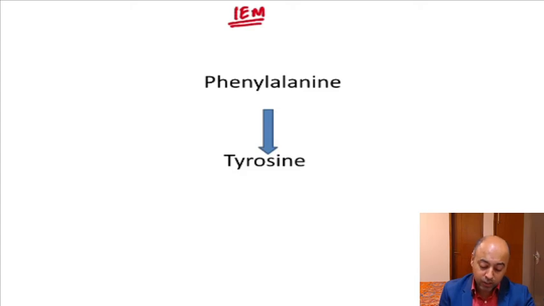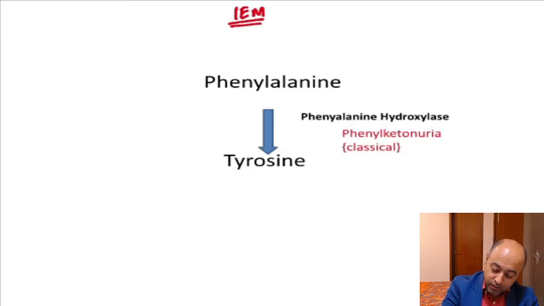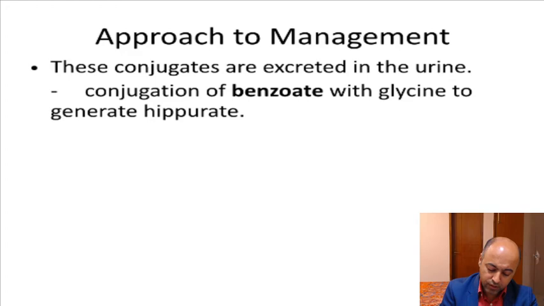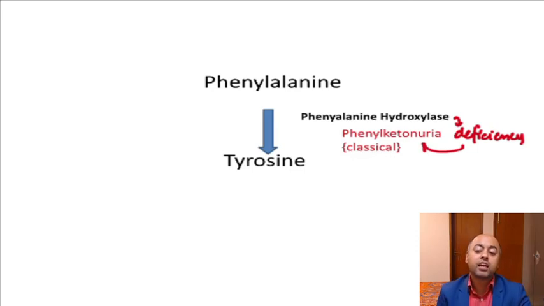Phenylalanine is normally converted to tyrosine by the enzyme phenylalanine hydroxylase. In some individuals, when there is deficiency of the enzyme phenylalanine hydroxylase, it will give rise to the condition called phenylketonuria.